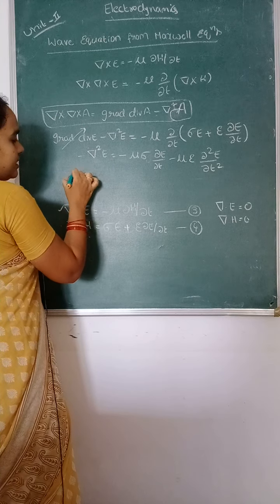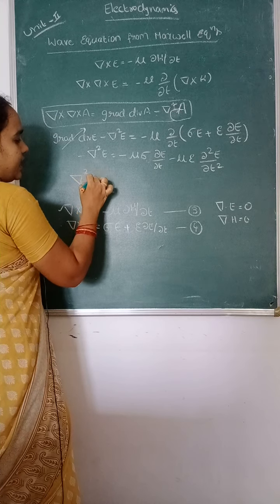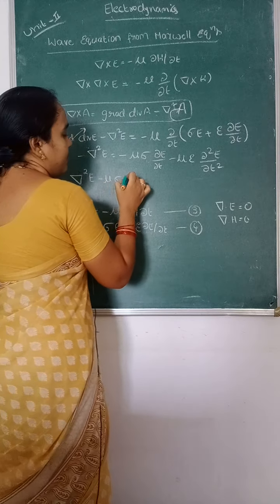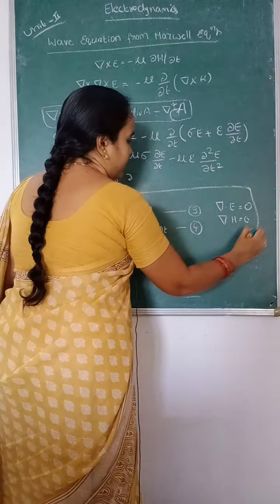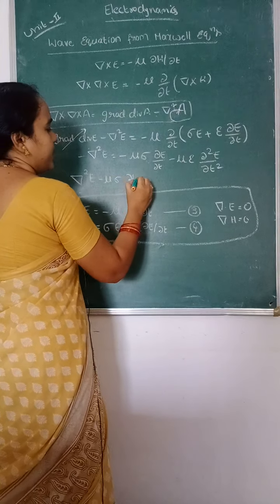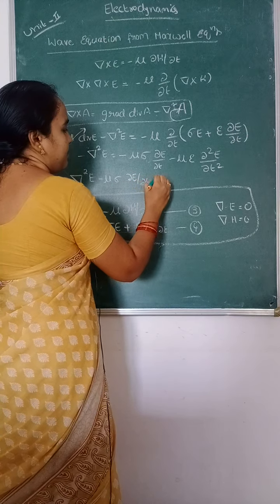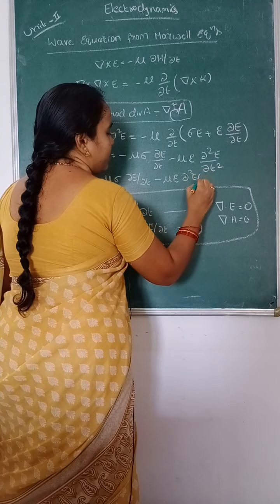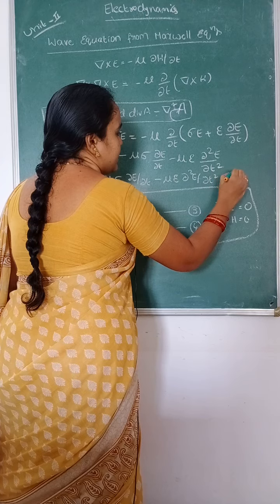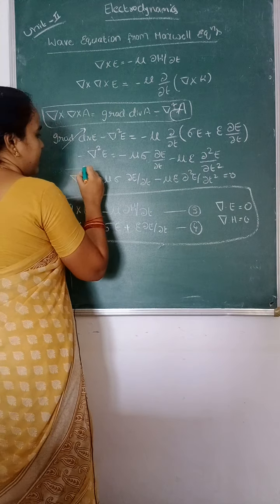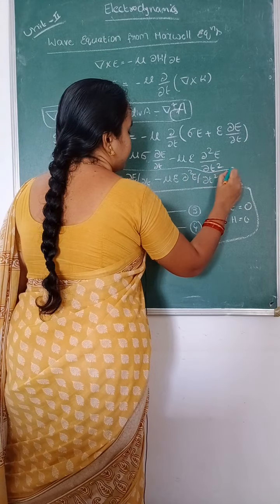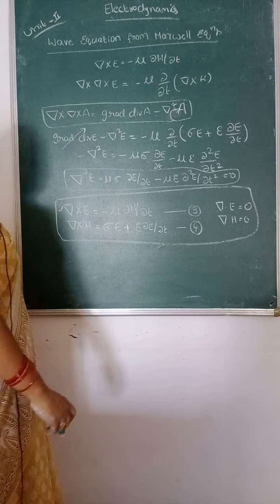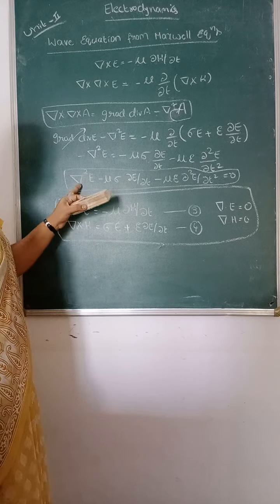Hence, the final equation is del square E minus mu sigma dou E by dou T minus mu epsilon dou square E by dou T square is equal to 0. This is the second order wave equation for a plane uniform isotropic medium in terms of electric field.